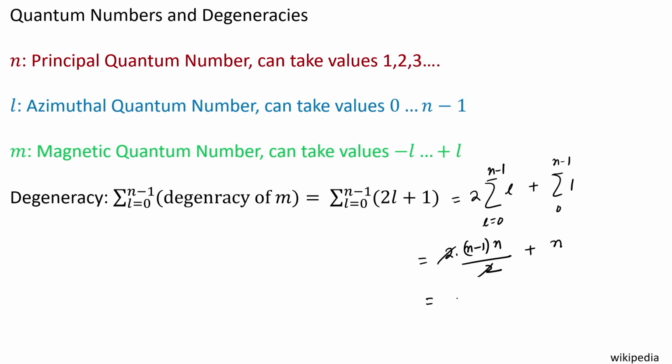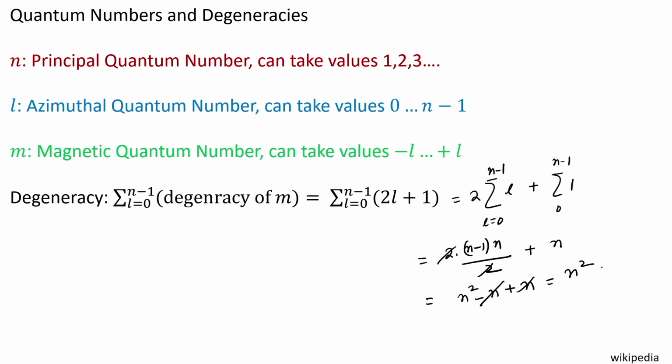The 2 will cancel and you have n squared minus n plus n. So each of the states of the hydrogen atom is n squared fold degenerate.